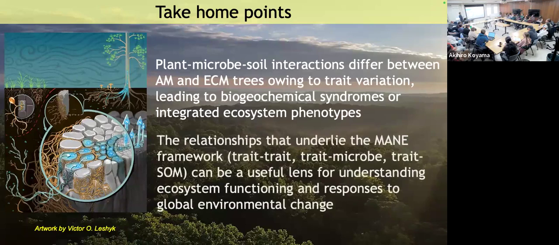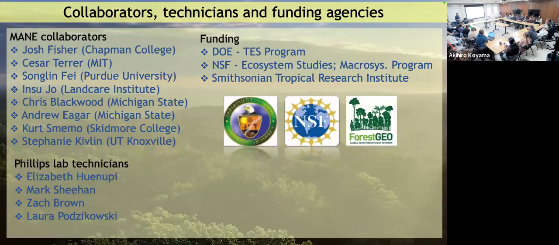And what I would say is that these relationships between traits and microbes, and traits and soil organic matter, are a potentially useful lens for thinking about ecosystem responses to global change. If we can start to understand how these pieces fit together, and not just measure the tree responses or the microbial responses but put them together into an integrated framework, we're going to have a much better ability to predict how ecosystems respond to global change.